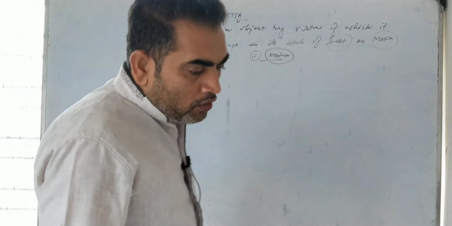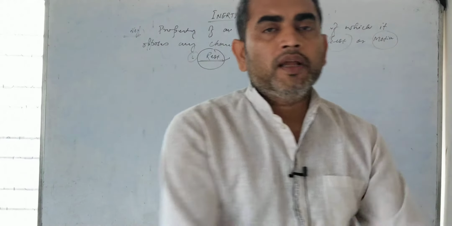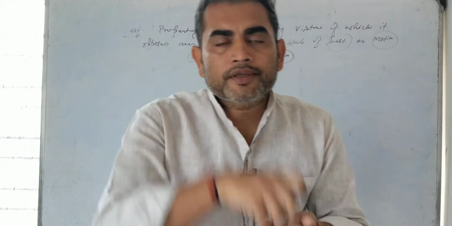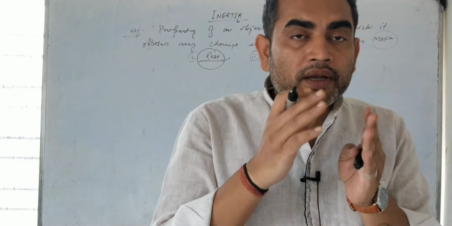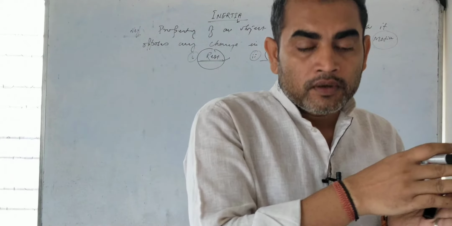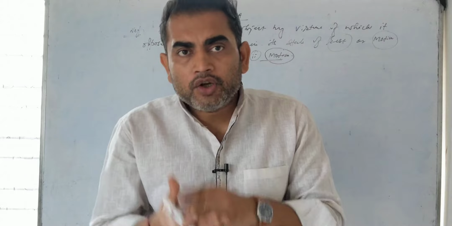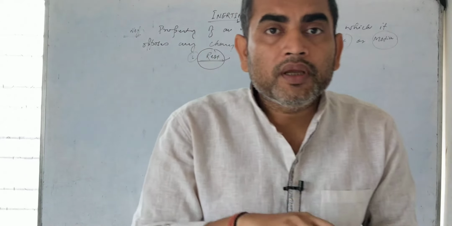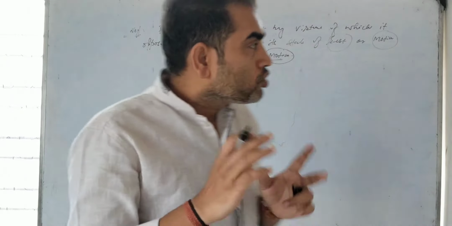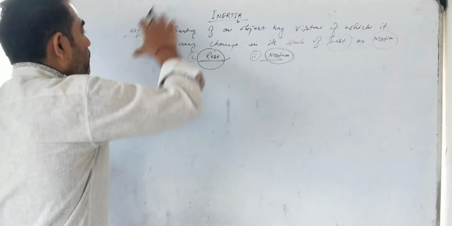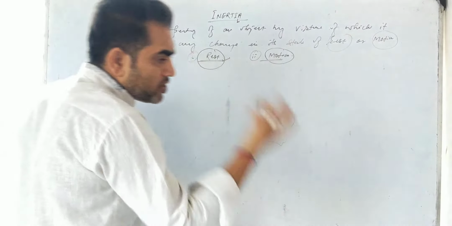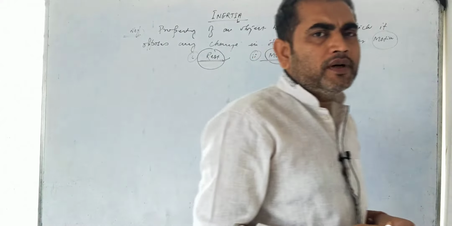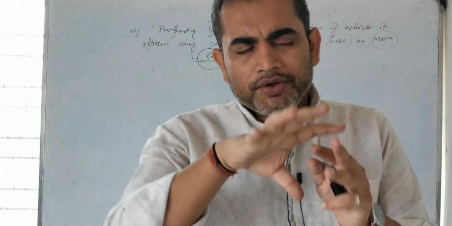From this we conclude that if an object is at rest, it tends to stay at rest, or if in motion, it tends to stay in motion. That property is called inertia, and on the basis of its state, it has been classified into two groups.